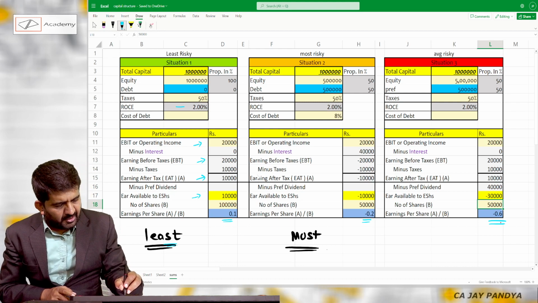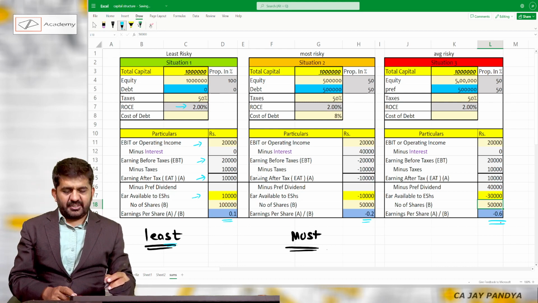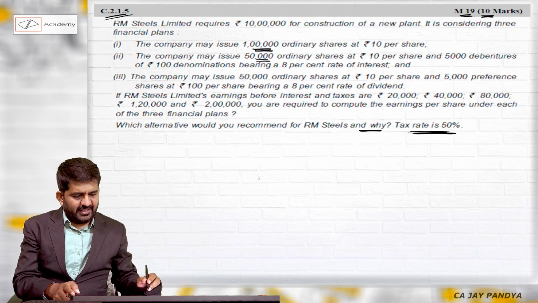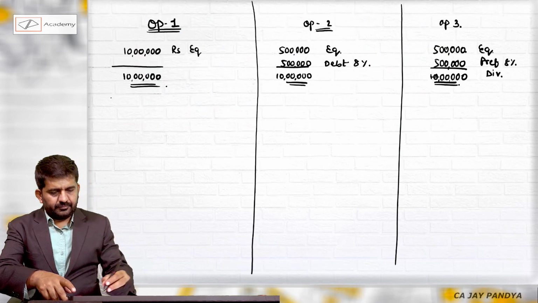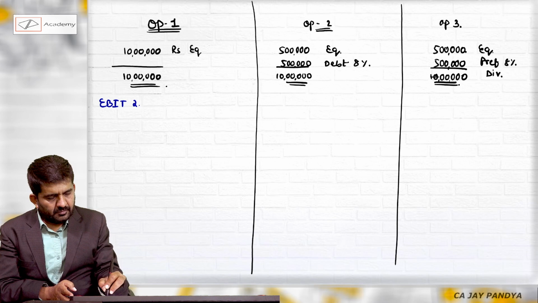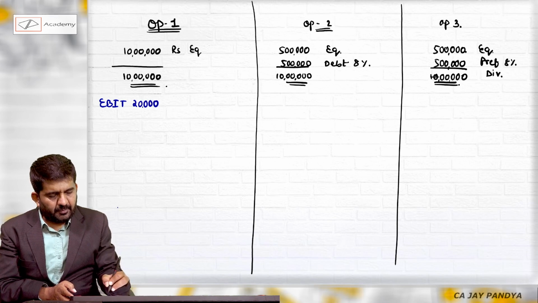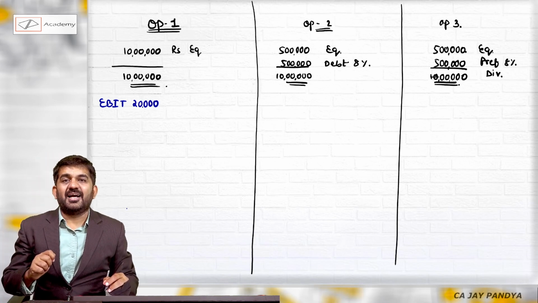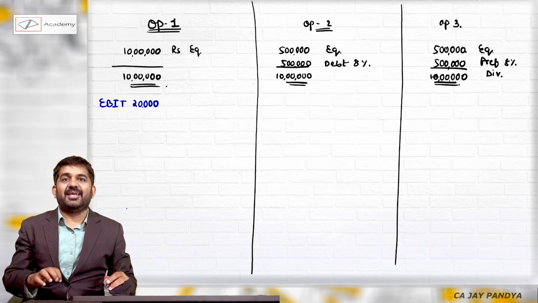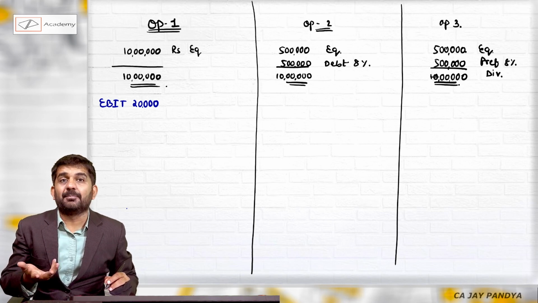Why, let me tell you. What is your ROCE? 2%. So in plan number 1, if EBIT is 20,000, believe me, R is less than KD. R is 2% and KD is 8%.